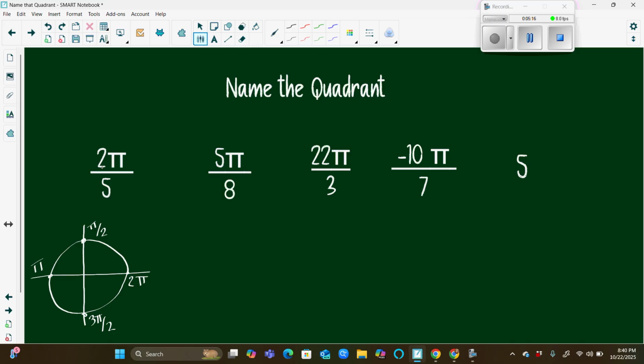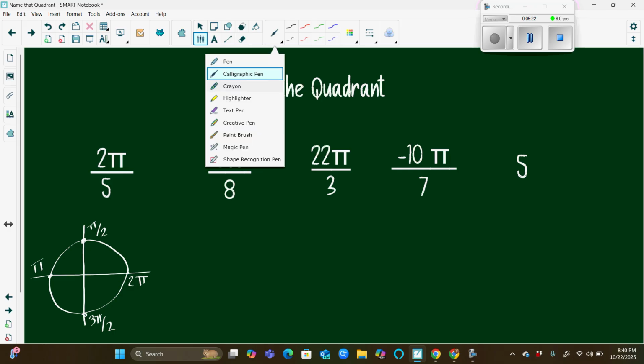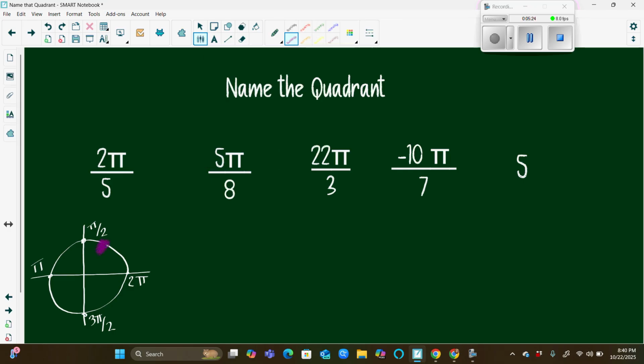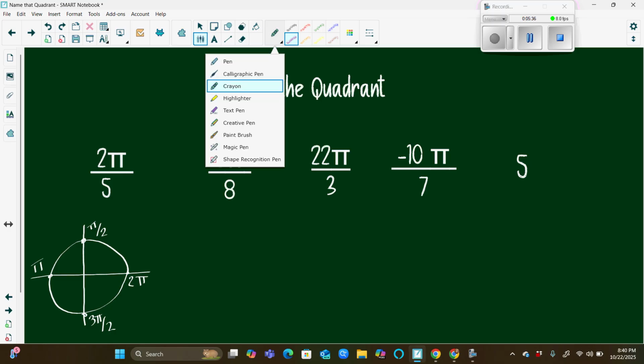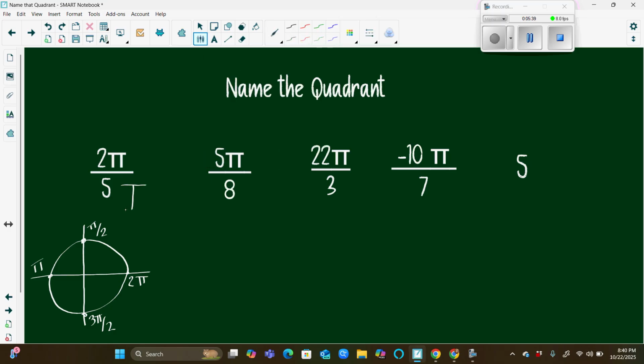So 2 is smaller than 2.5. So 2 pi over 5 has to be to the right of pi over 2, or is less than pi over 2. So 2 pi over 5 should be somewhere in that first quadrant. So for that one, that falls in quadrant 1.